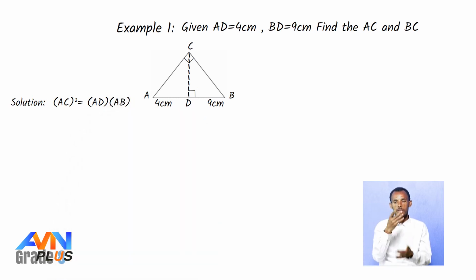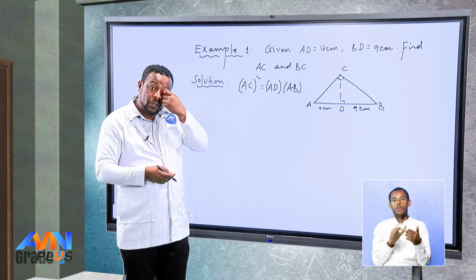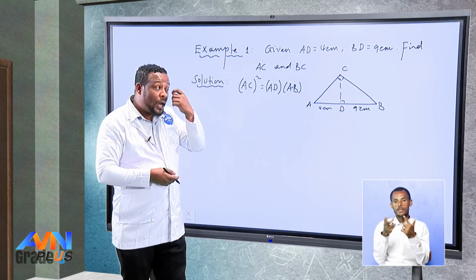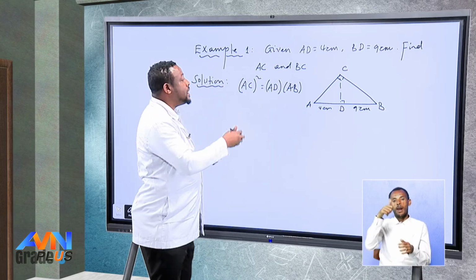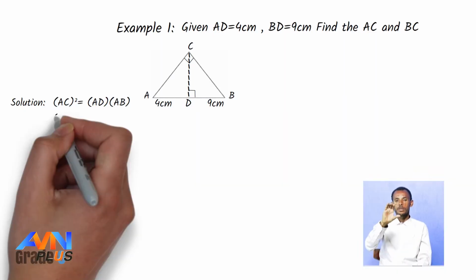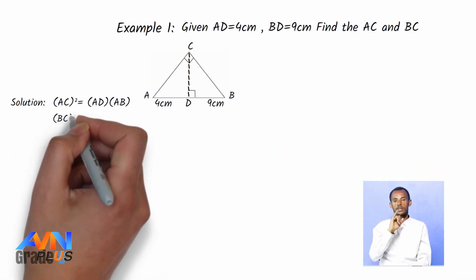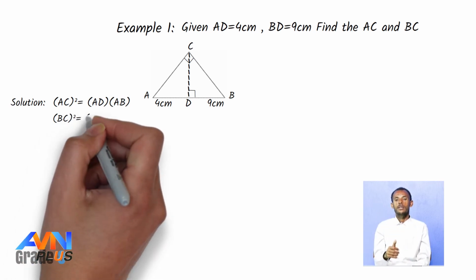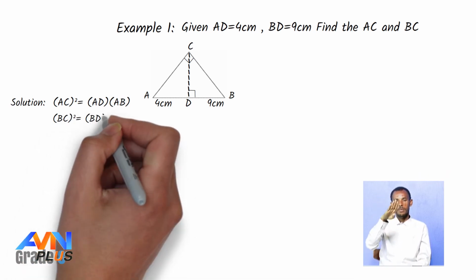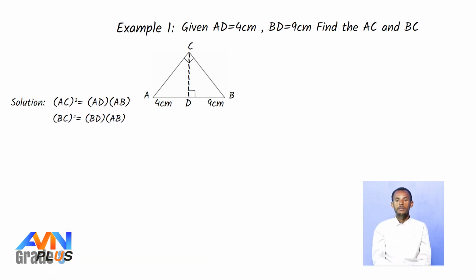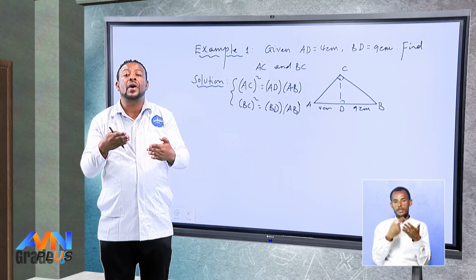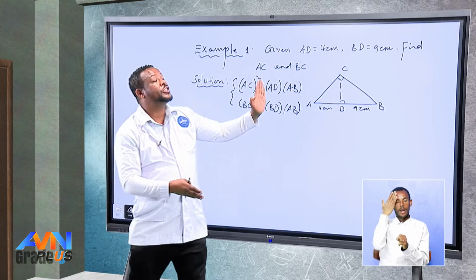Okay, this is one of the formulas that we have already proved, right? The second formula is the squared value of the other leg, BC square. BC square is equal to the adjacent segment, BD, times the hypotenuse, AB. Good. So you need to have these two formulas to find the unknown sides in this triangle.